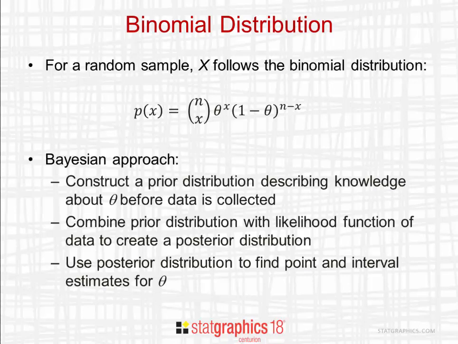The Bayesian estimation approach begins by constructing a prior distribution describing our knowledge about theta before the data are collected. We combine the prior distribution with the likelihood function of the data to create a posterior distribution. We then use the posterior distribution to find point and interval estimates for theta.